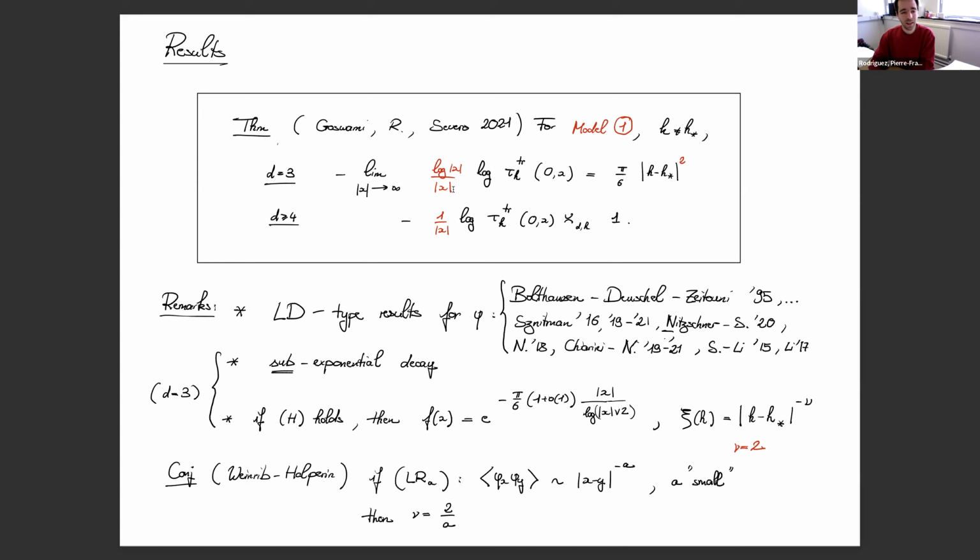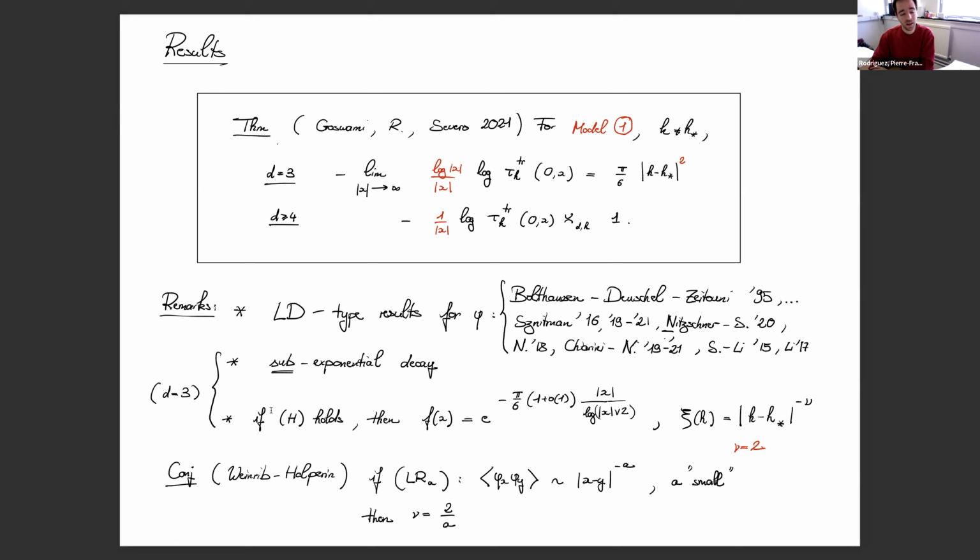But perhaps even more important, even though this does not quite show the scaling hypothesis that I flashed earlier, because this is only in some sense an asymptotic result when x becomes large, it teaches you one thing.